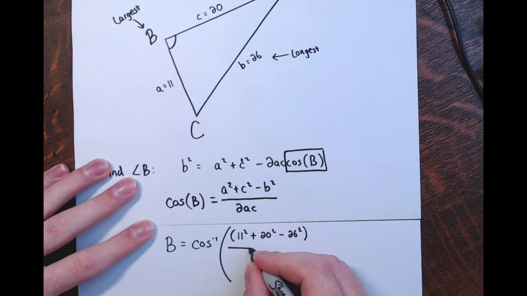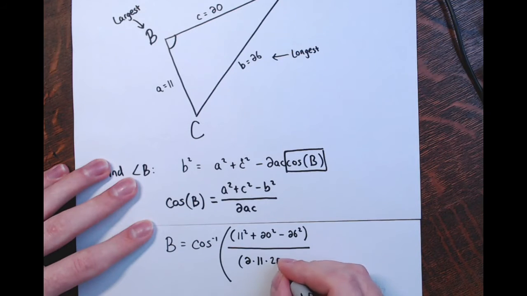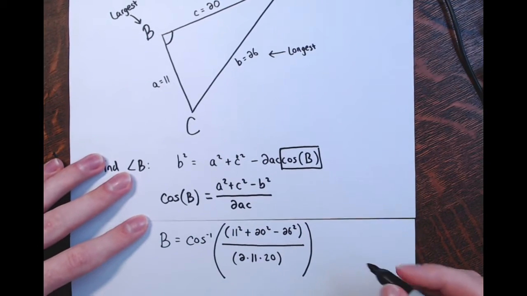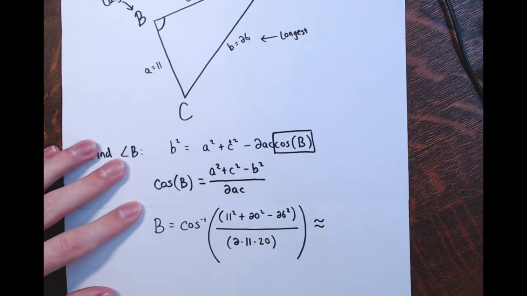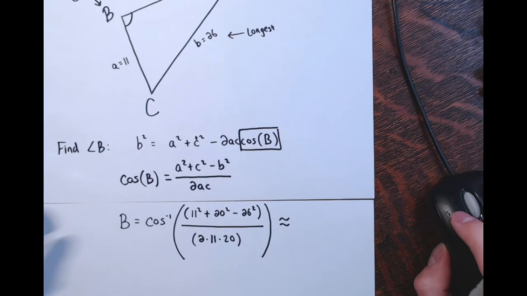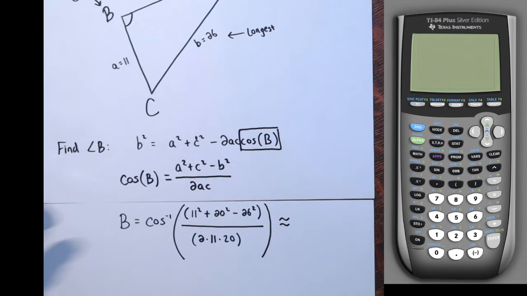And in the denominator I have this product, 2 times 11 times 20. I'm just going to enter this the way it looks. So I'll pull a calculator up. Make sure you're in degree mode here. They want answers in degrees, it looks like. So mode, I am in degree mode.